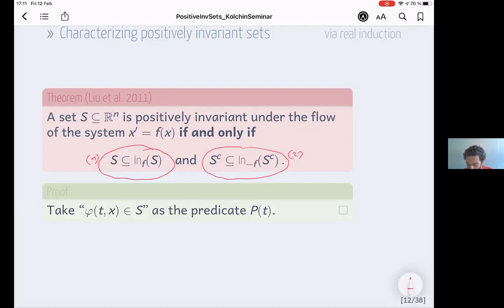What might be a little bit weird is the second condition with the S complement included in the minus F, etc. But one intuition to keep in mind is, again, this idea of the wall that I presented earlier for real induction.